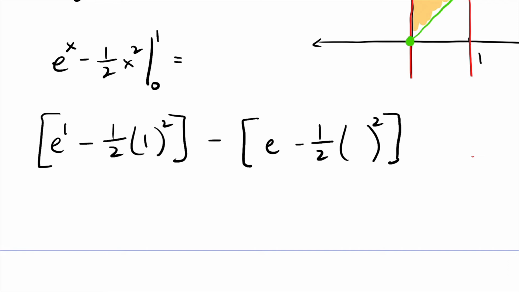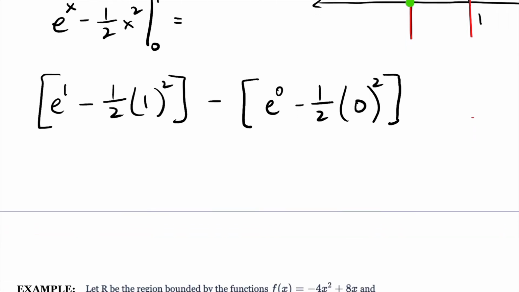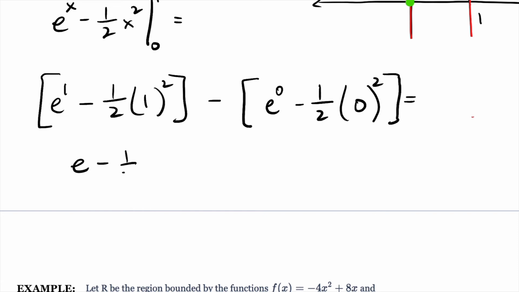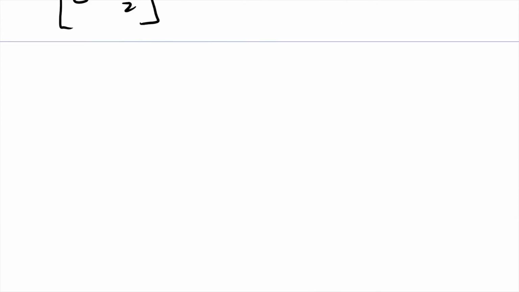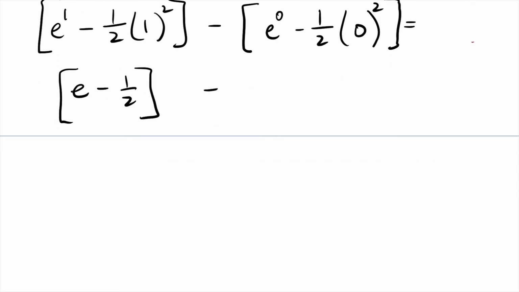So I'm going to plug in 1, plug in 0. So I get e minus 1/2, and then over here, I get 1 minus 0.